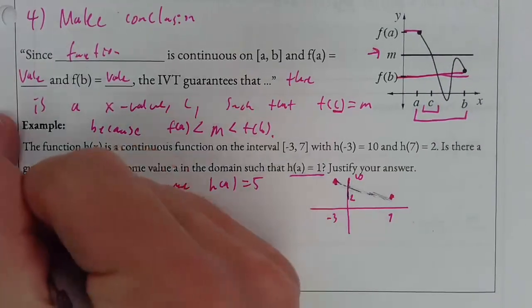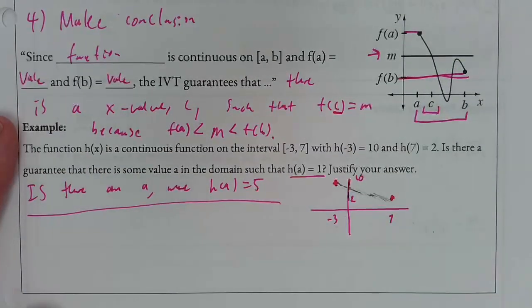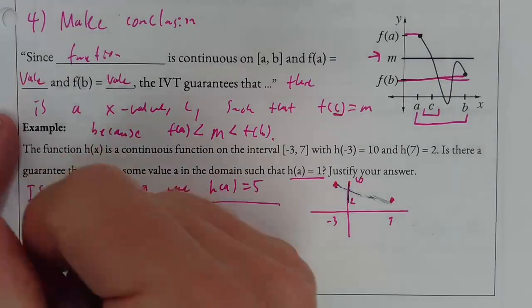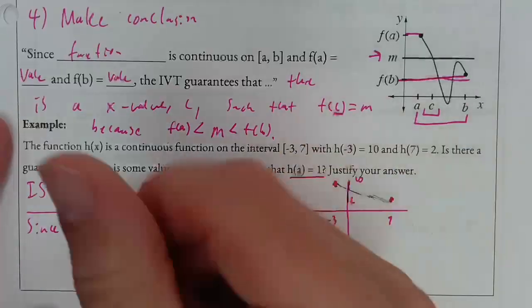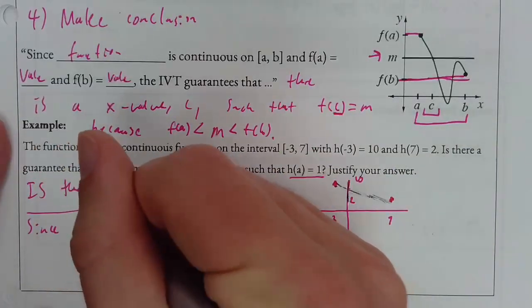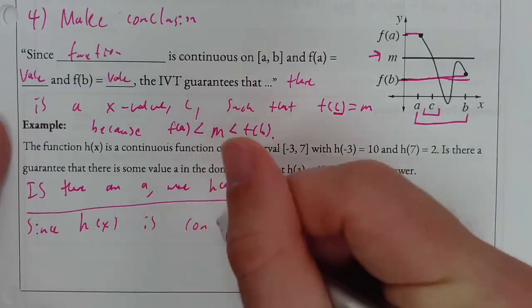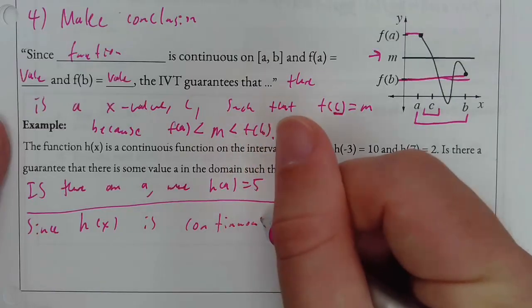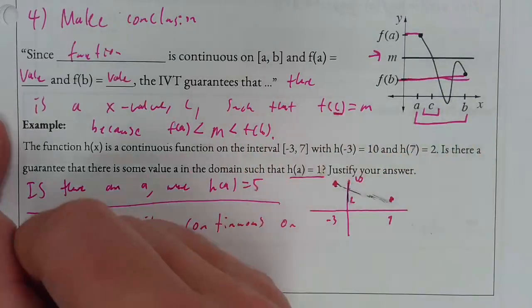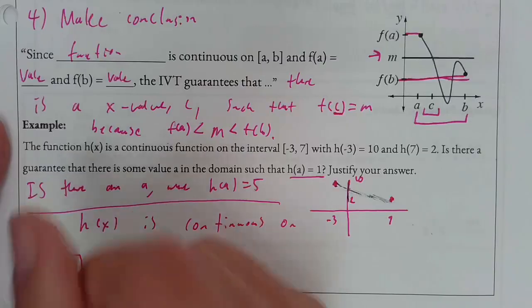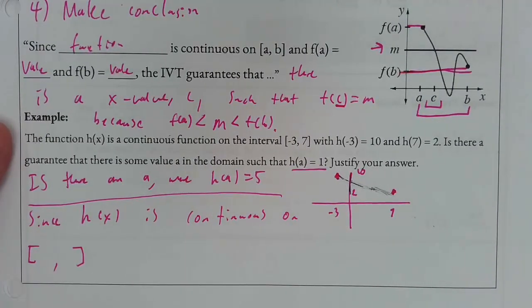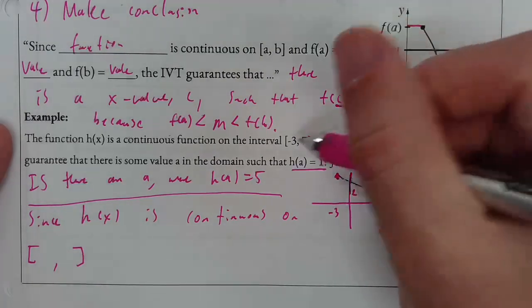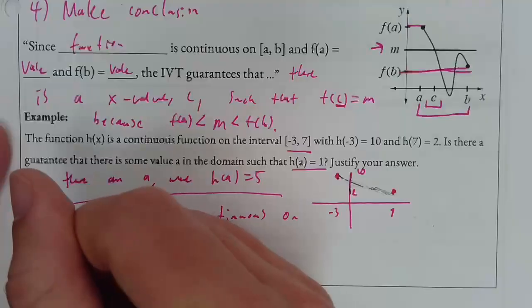So the sentence that you would write in this situation is, since, and again, the sentence is really important, since h of x is continuous on, okay, what's my A and B? Continuous on what? We'll go here. What's my negative 3? It's right here. Negative 3 comma 7.